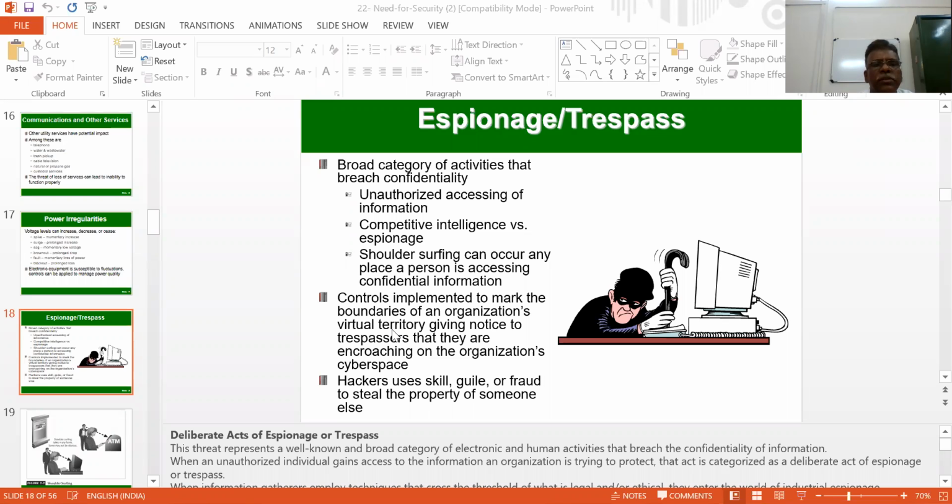Similarly, invade, encroach, intrude, violation due to various other issues. This is one broad category of activity that breaches confidentiality, which is not in an applicable manner, and you can see ruptures and cracks and various others.